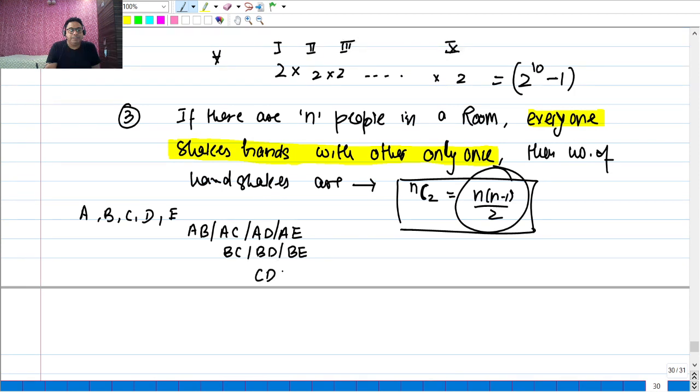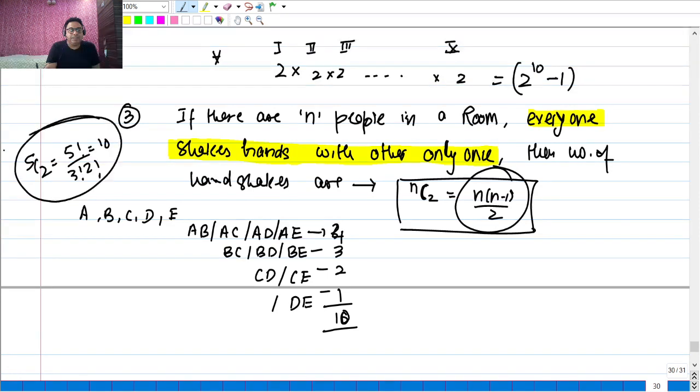C D, C E. And D has D E. So it is 4, 3, 2, 1: 10 handshakes. Or you can directly write 5C2, which is 5 factorial upon 3 factorial 2 factorial. The answer is again 10. I hope this gives you good clarity.